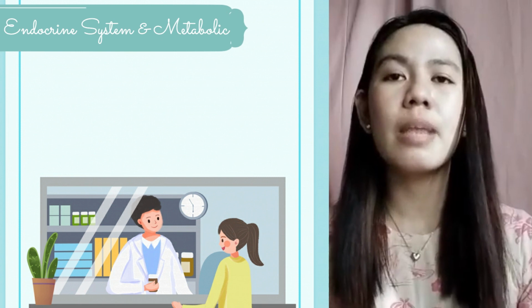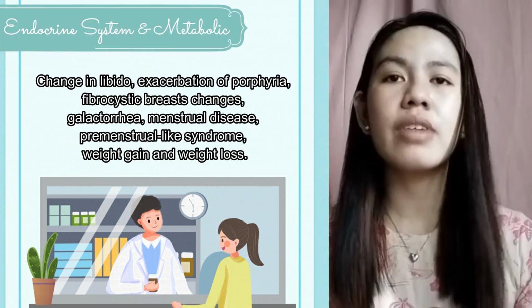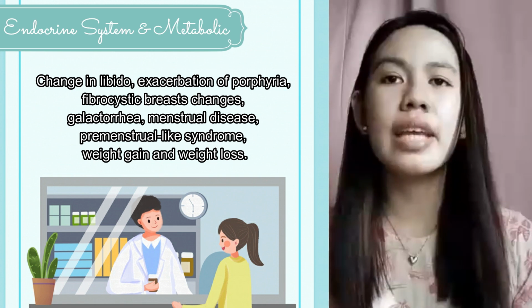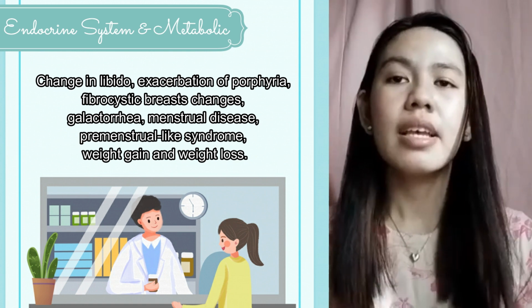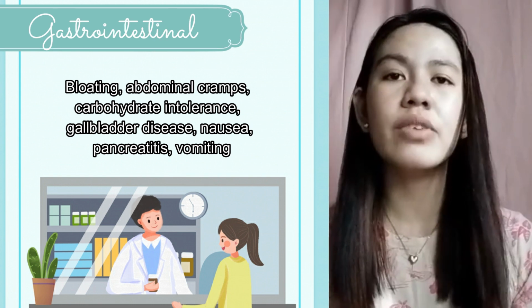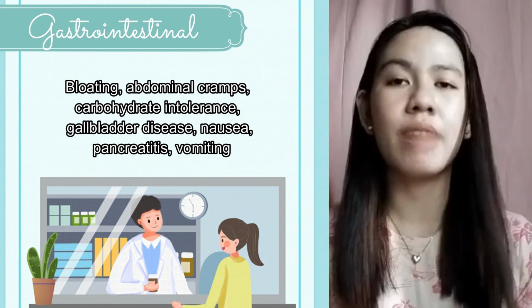While in the endocrine and metabolic systems, my side and adverse effects are change in libido, exacerbation of porphyria, fibrocystic breast changes, galactorrhea, menstrual disease, premenstrual-like syndrome, weight gain and weight loss. In the gastrointestinal system are bloating, abdominal cramps, carbohydrate intolerance, gallbladder disease, nausea, pancreatitis, and vomiting.